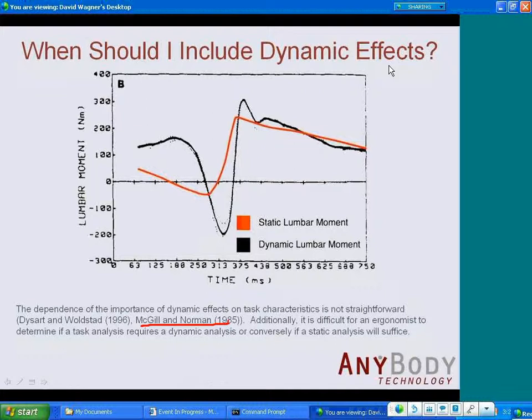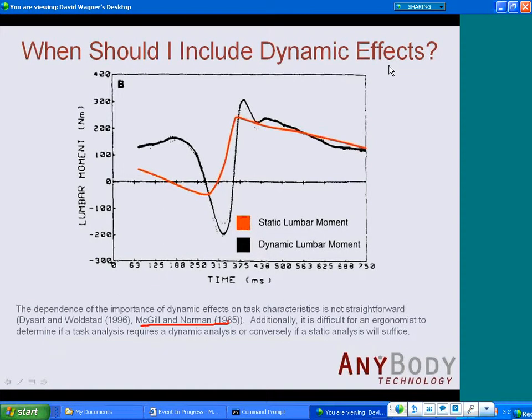Qualitatively, it looks like the dynamic lumbar moment peaks at higher values than the static lumbar moment, which goes along with our belief in this dynamic world. That makes sense.